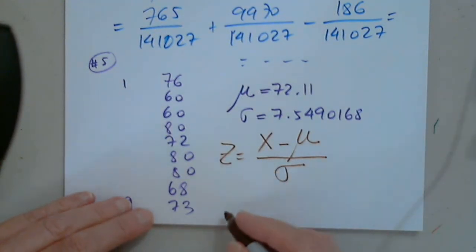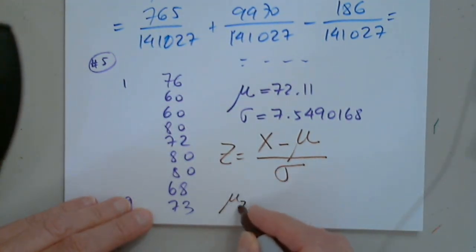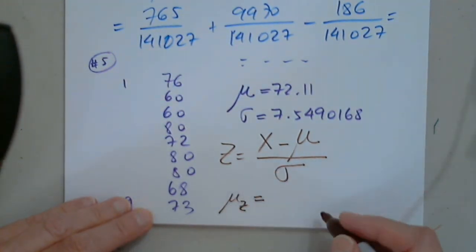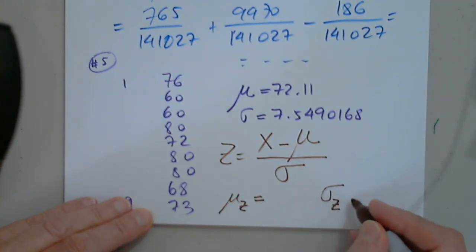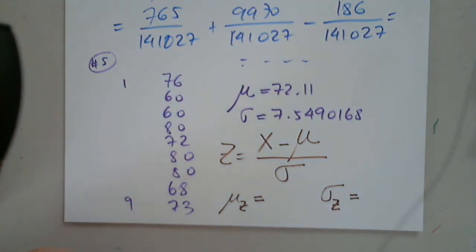What did we say? That the mean for z is always, and the standard deviation for z is always. Anyone remembers the mean and the standard deviation for the z-scores? Always.